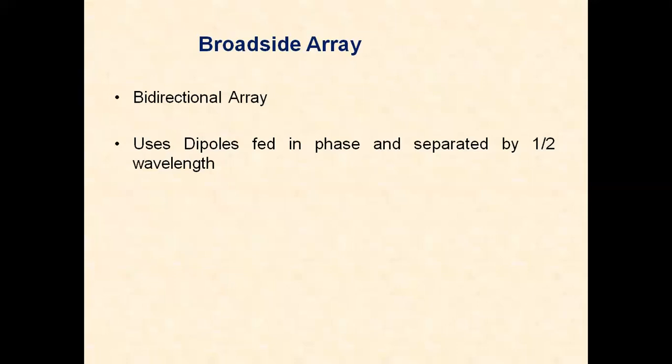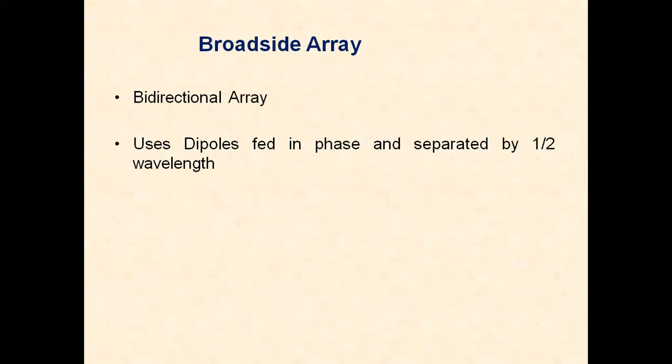It uses dipoles fed in phase and separated by lambda by 2 wavelength. So in a broadside array, individual elements are equally spaced along a line and each element is fed with currents of equal magnitude, all in the same phase.